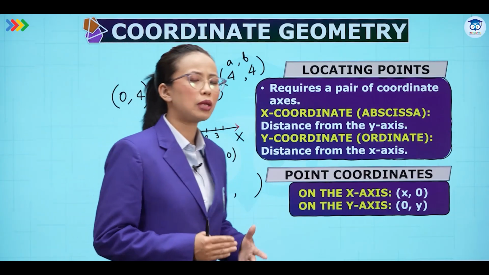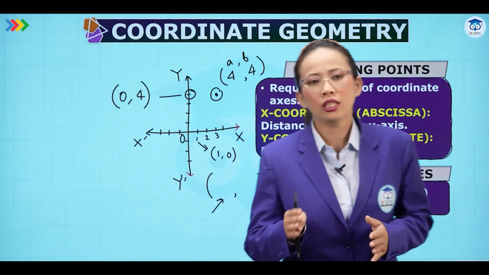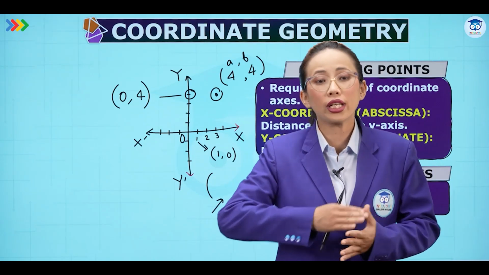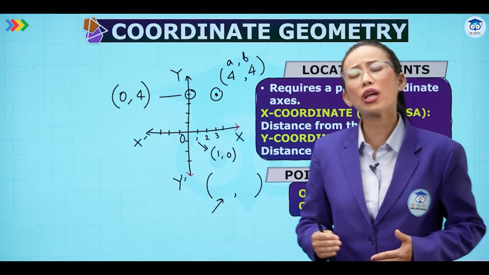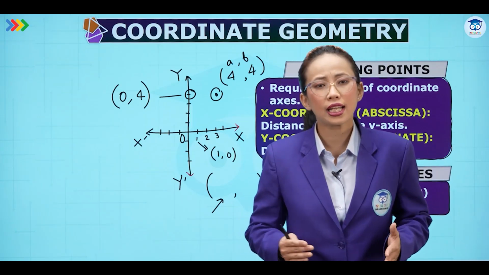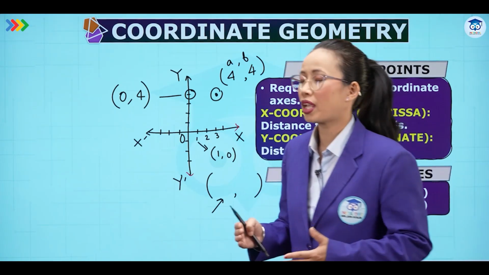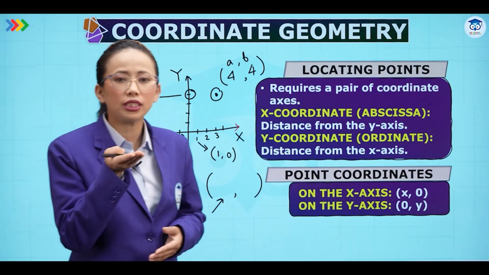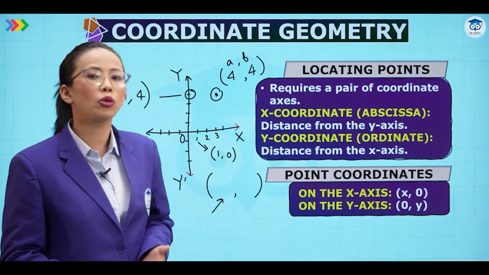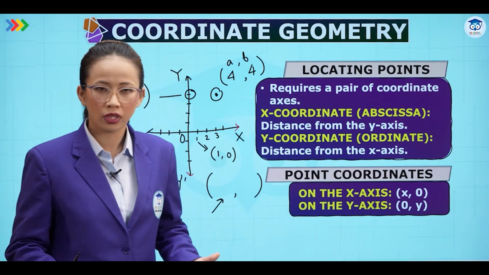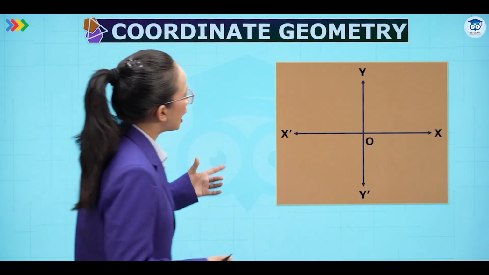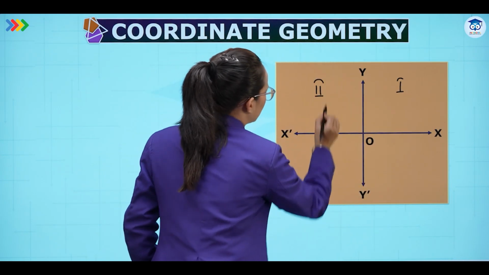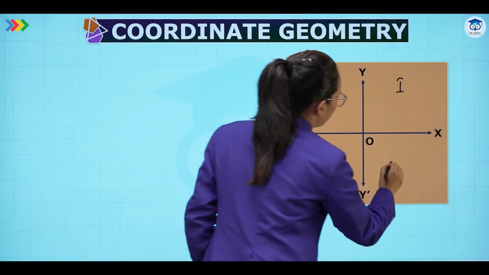What I mean to say is, from the origin, if we are moving on the right side, the x coordinate is positive, and when we are moving on the left side, the x coordinate is negative. If we are going up, the y coordinate is positive, and going down, the y coordinate is negative. The Cartesian plane, as I have said, has the first quadrant, second, third and fourth.